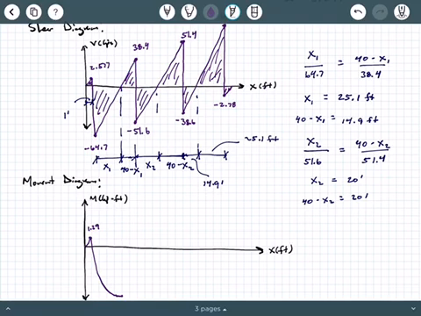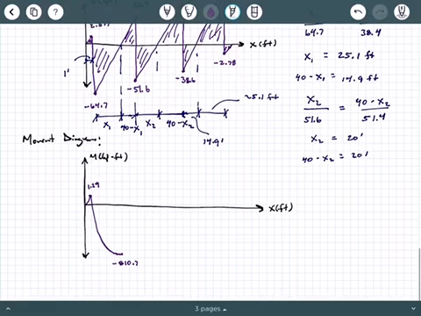So plus 1/2 times 38.4 times 14.9 feet. So I'm going to swing up some to a value of negative 524.6. Negative 524.6.